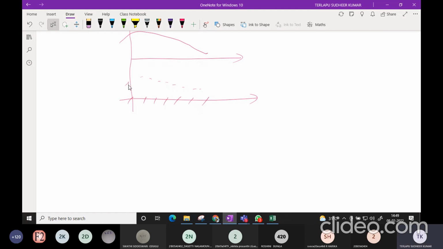Here I got the pulse, one more, something like this. A natural sampled PAM signal, let us suppose.